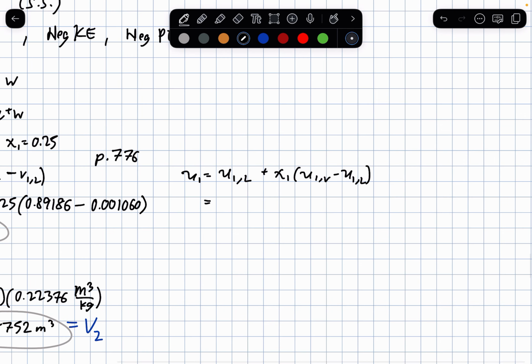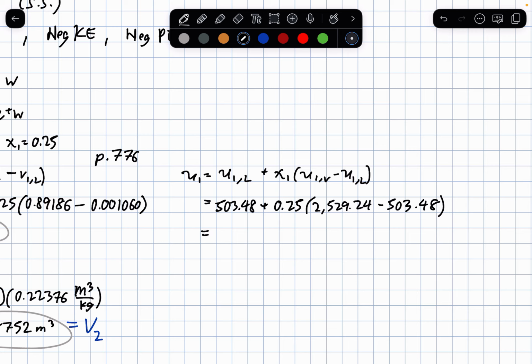Okay, so 120 degrees Celsius, no? Internal energy is 503.48 plus 0.25 times the quantity of the vapor, 2529.24 minus 503.48.